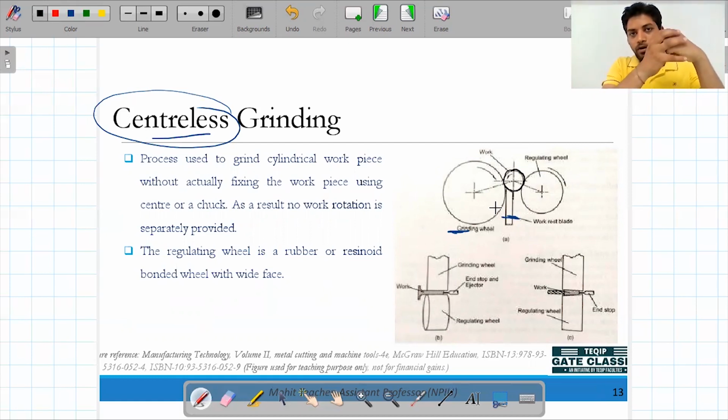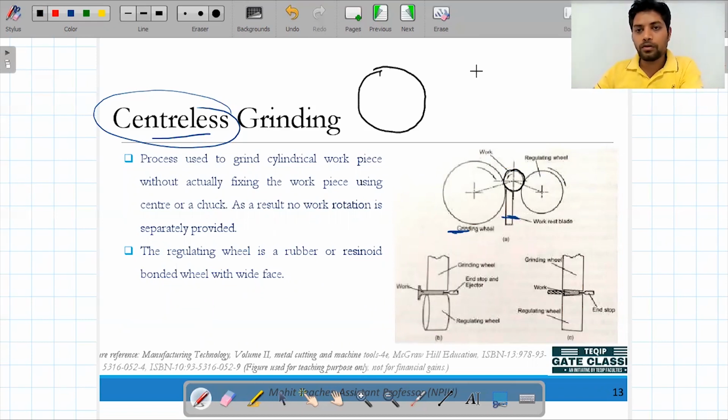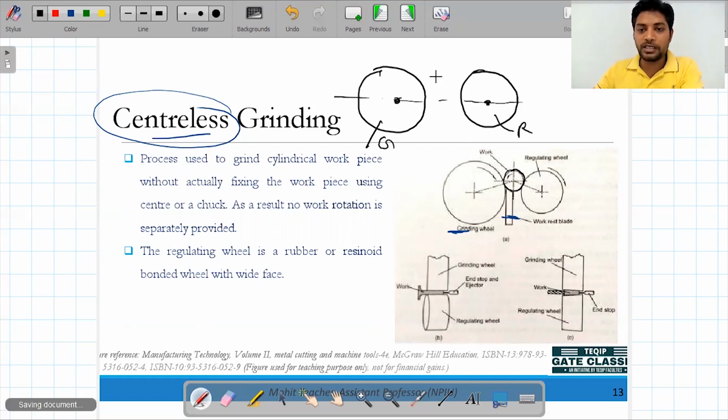This is the grinding wheel, and this is your regulating wheel. Over that, basically over this one, we are mounting another workpiece surface. The centers of these two, the grinding wheel and the regulating wheel, are the same, please keep that in mind.